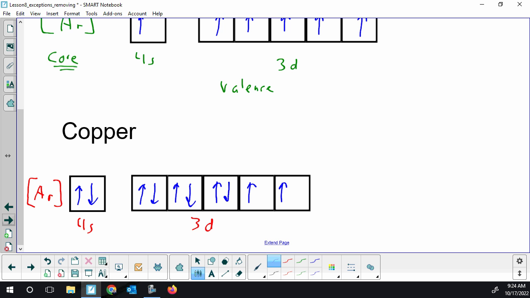It'd do all the spin ups and then start doing the spin downs, and there'd be one short from filling the Ds. But it's not what we see when we study copper, elemental copper that's neutral. It actually ends up being more stable if one of the 4s electrons goes into 3D.